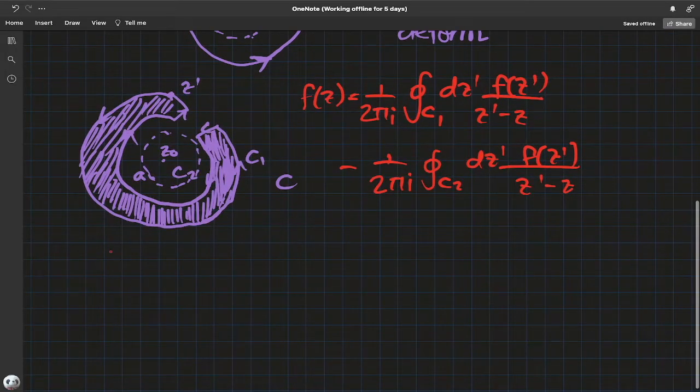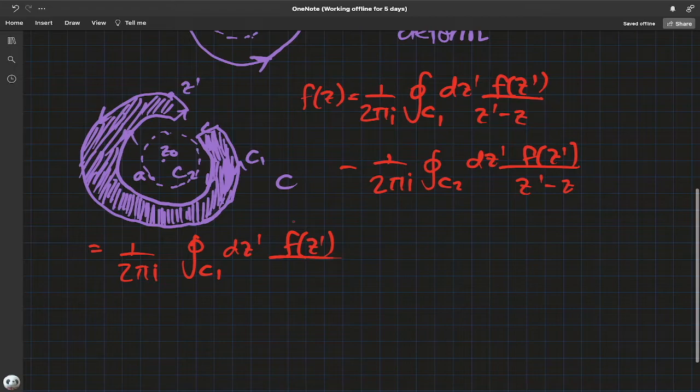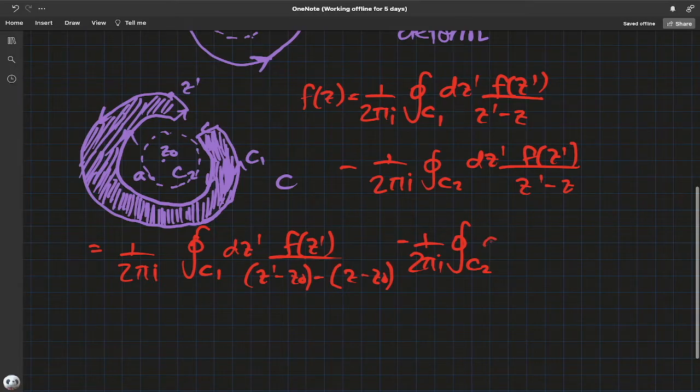Okay, now I'm going to add and subtract a point, the central point z0, in the denominator of both of these. So I'm going to have f of z prime over z prime minus z0 minus z minus z0. If you expand it out, it's like adding and subtracting the same quantity. So dz prime f of z prime over, well, do the same thing, z prime minus z0 minus z minus z0.